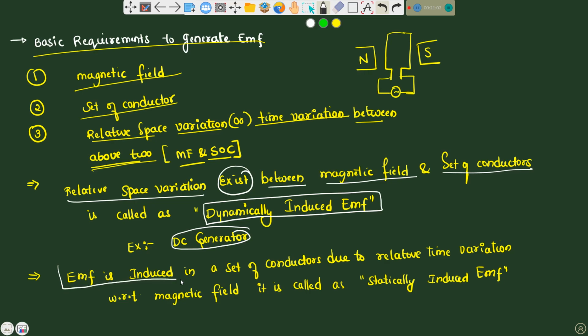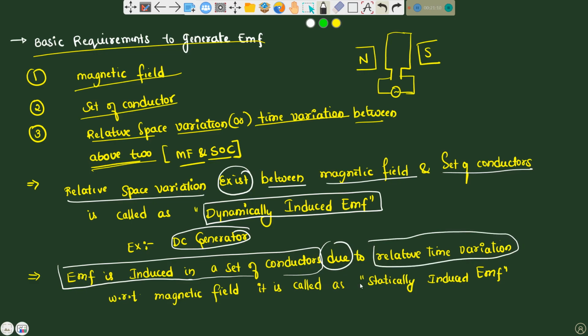If EMF is induced in a set of conductors due to relative time variation, it is called statically induced EMF. You got the difference between relative space variation and time variation. An example of relative time variation is the transformer.